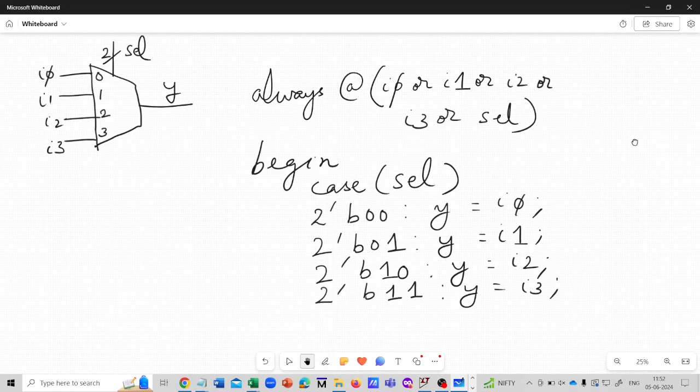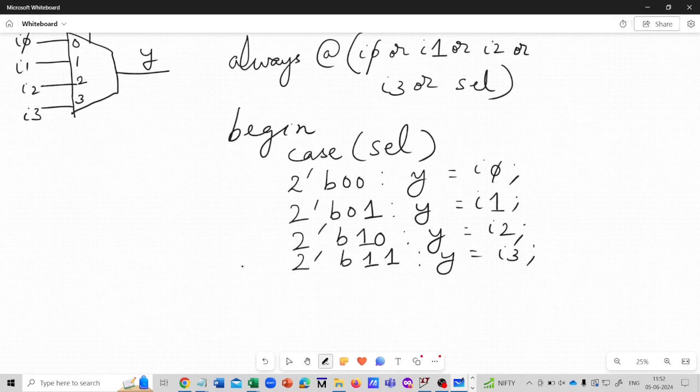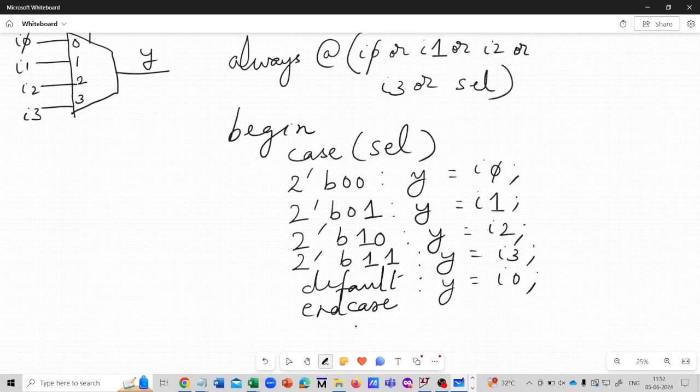Now, you can also include a default case. That means if none of the previous conditions are valid, then you can specify some default case. This is not really mandatory, but there may be compilers where they insist on providing a default statement for a case block.